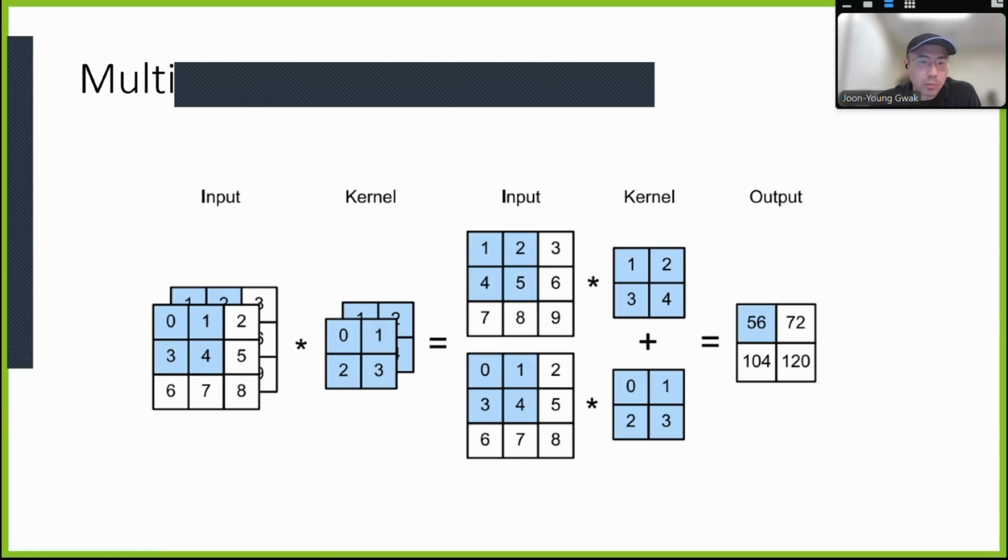So we have multiple channels here, and we also have two separate kernels here, each of them producing a dot product from the multiple channel point of view.